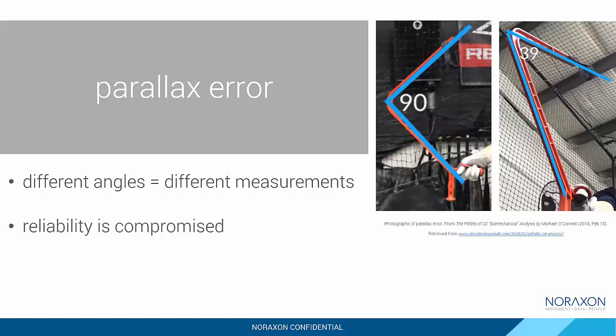If not, then the reliability of your data is compromised. So again, if the video is not taken exactly from the same position, and more specifically the same angle and same distance, then your measurements are going to have a large margin of error.